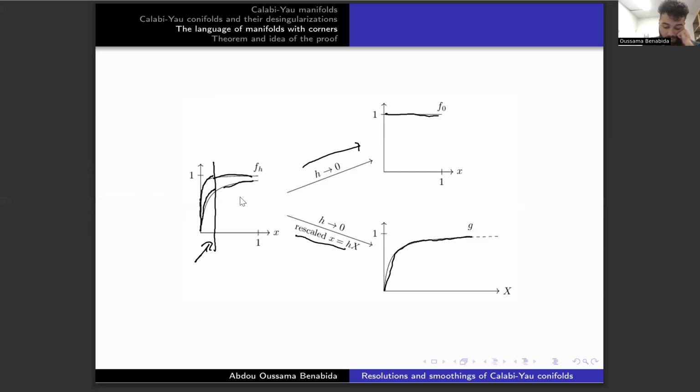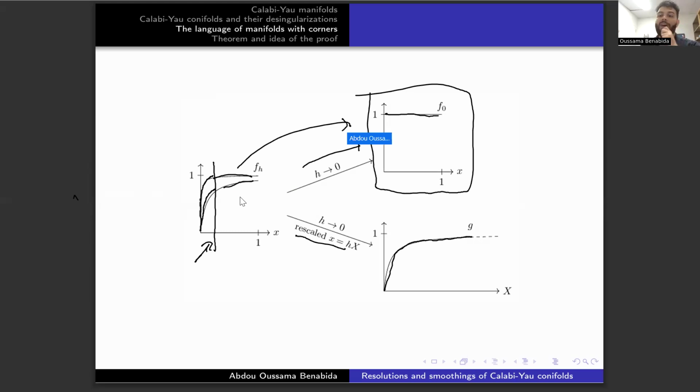So if we want to do the opposite, if we have f_0 and we're trying to construct the f_h that degenerates to f_0, we need this second information of g, and we see f_h basically as a sort of gluing of this f_0 away from x equal to 0, and g as a rescaled version near x equal to 0.